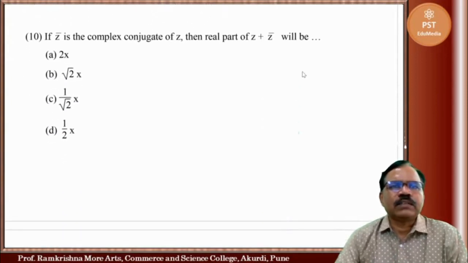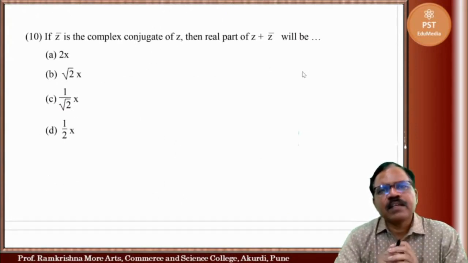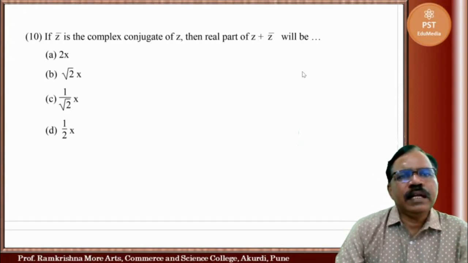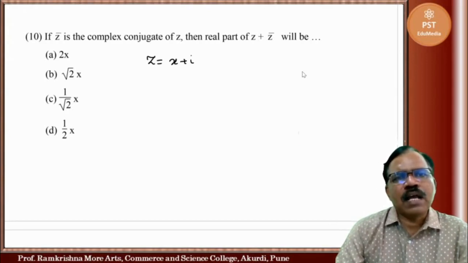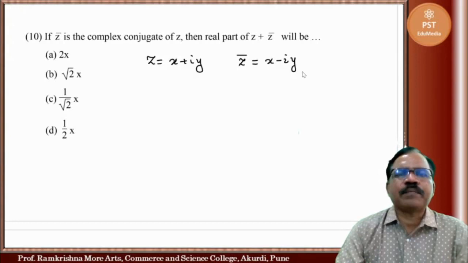Now we'll go to next one. If z bar is the complex conjugate of z, then real part of z plus z bar will be. Now z is a complex number, that is x plus iy, and z bar is its complex conjugate, we write x minus iy.